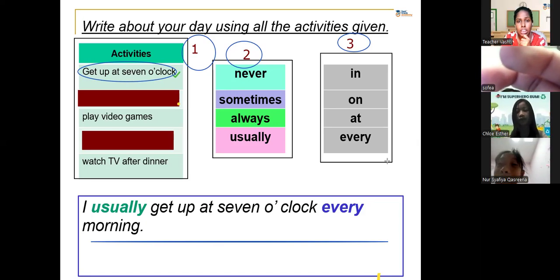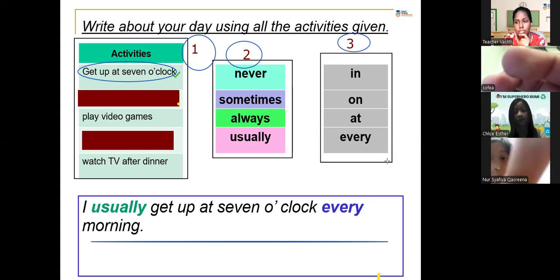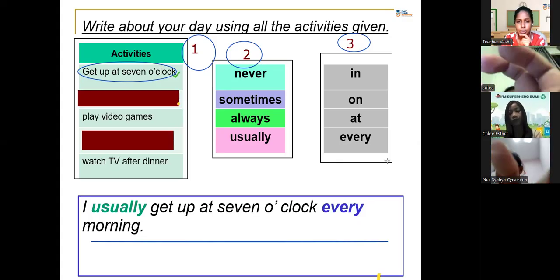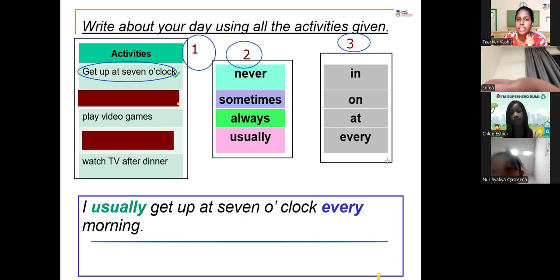Sophia, check balik nota. At the afternoon, betul ke? So, kena guna apa? At afternoon. In the afternoon. Okay. At afternoon boleh. Kalau nak guna the, mesti guna in the afternoon. Okay? Okay, edit.